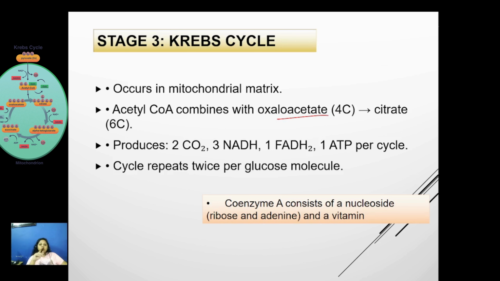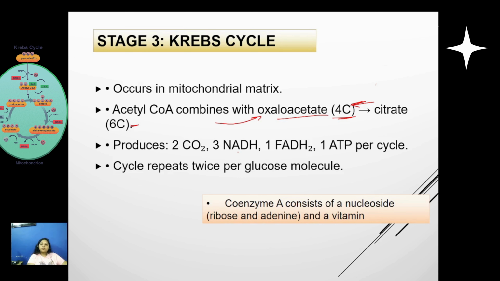So 2 carbons are removed, producing 2 carbon dioxide. The 6 carbon citrate has to be converted back into oxaloacetate. We cannot say it's a reversible reaction, but it's a cycle, so we have to go to oxaloacetate.